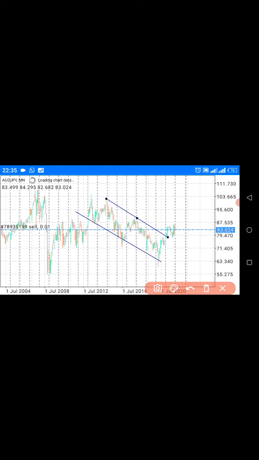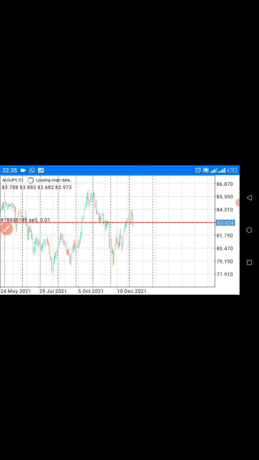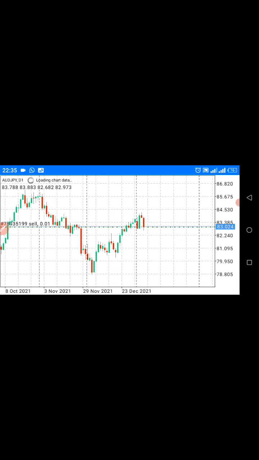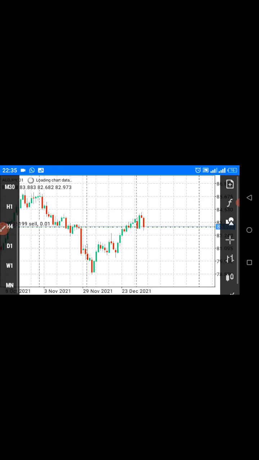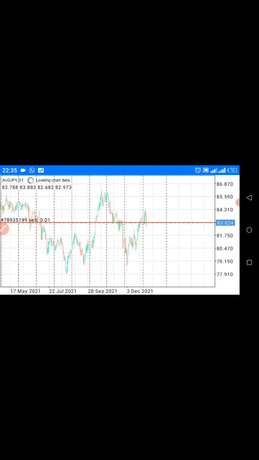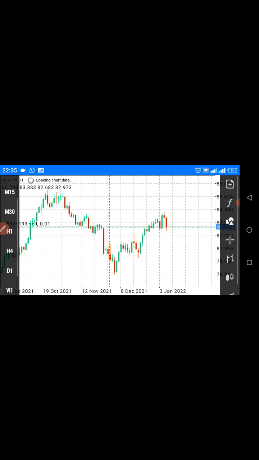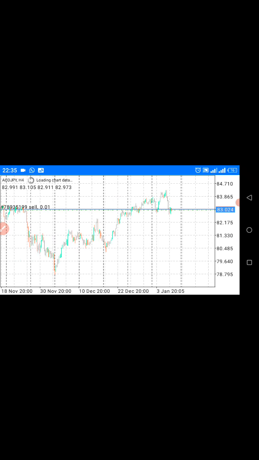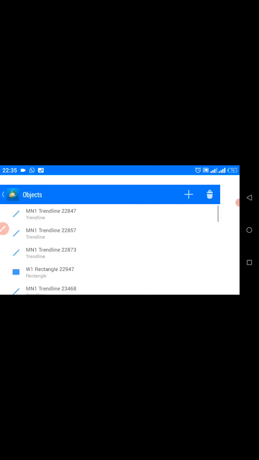So guys, let's go to daily charts. What do we really have here? Let's go to 4-hour charts because we can see all these patterns even in the small time frame.